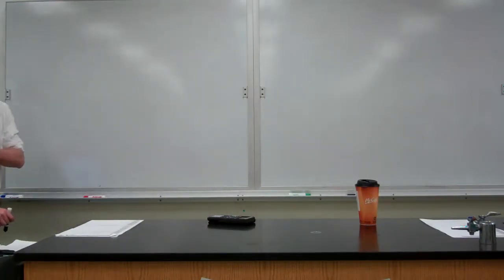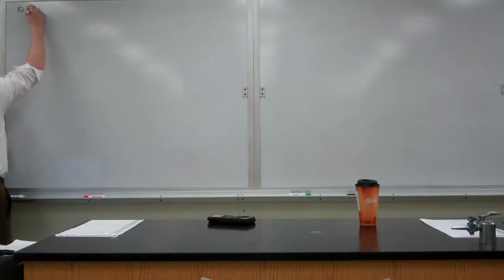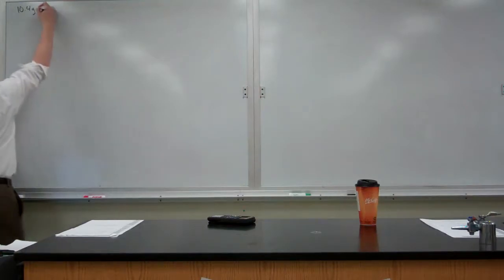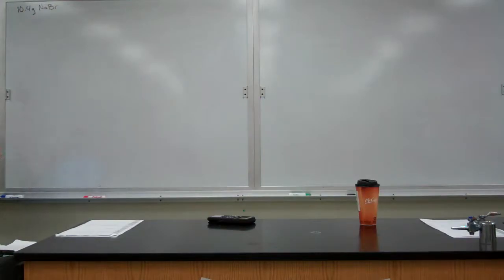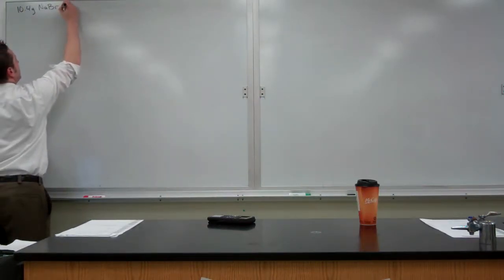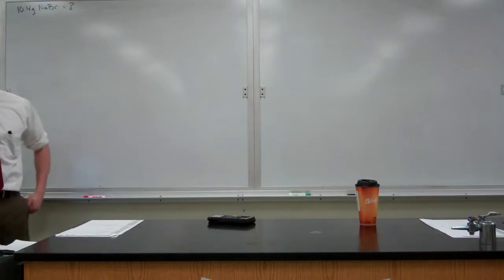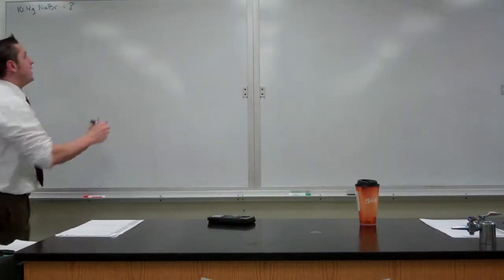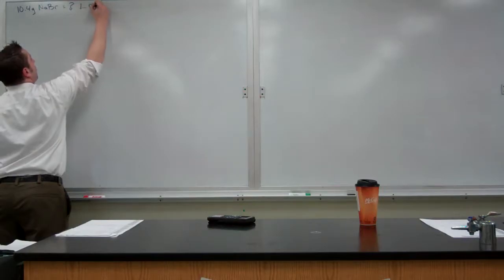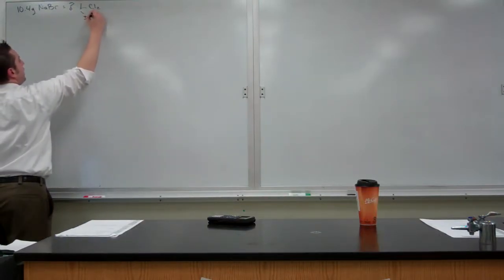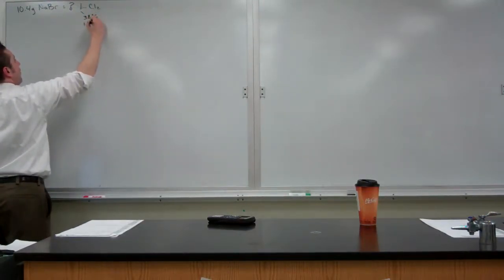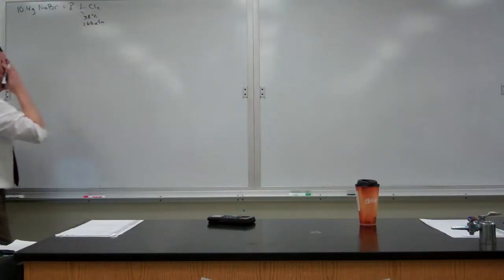I know I've got 10.4 grams of sodium bromide. And I am trying to find liters of chlorine gas, which is a Hoberfinkel, at not STP conditions, which are at 38 degrees Celsius and 1.63 atm.